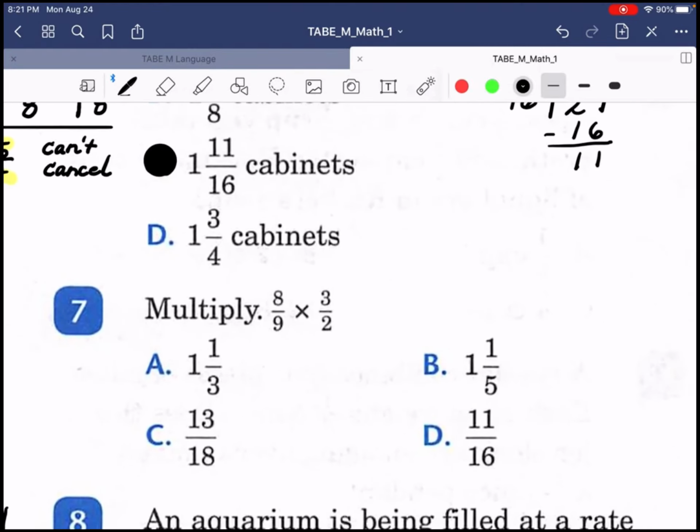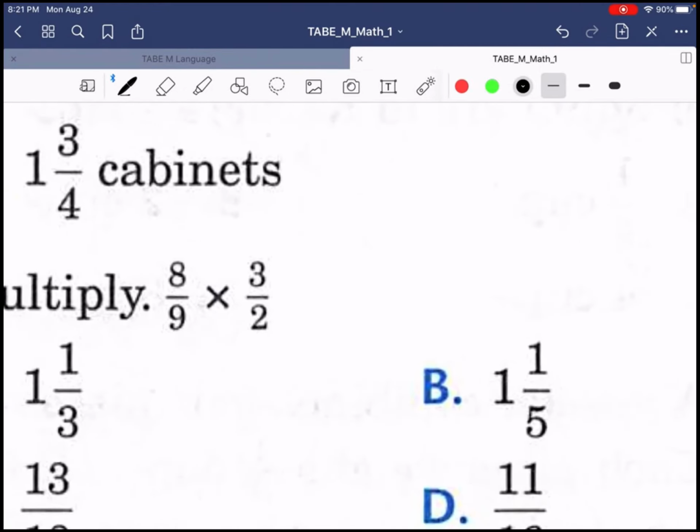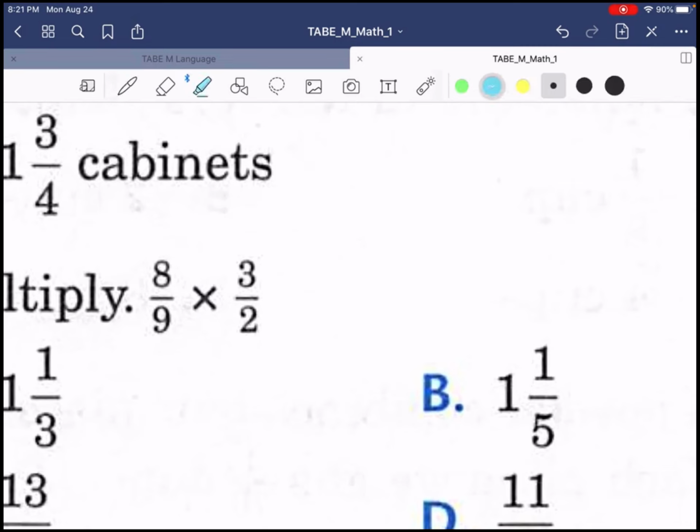Okay, this one they just tell me to multiply. I can cancel both ways, and hopefully we will see that happen. The 9 and the 3 get canceled by 3. And then the 2 and the 8 get canceled by 2.